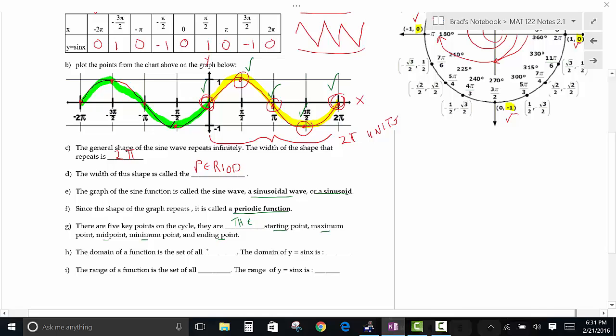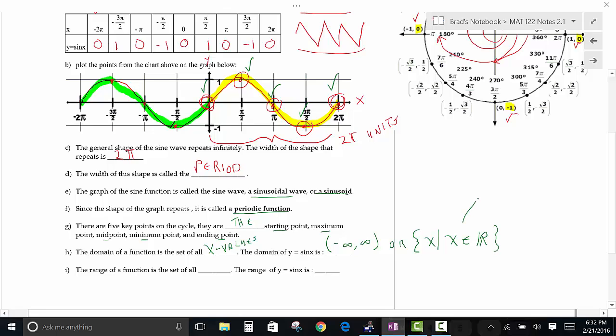All right, the domain is the set of all x values. We've certainly learned that. And in this case, the sine can be anything. So we would say negative infinity to infinity is the domain of the sine. And you can write that, if you want to, in set builder notation as the set of x such that x is an element of the real number system.